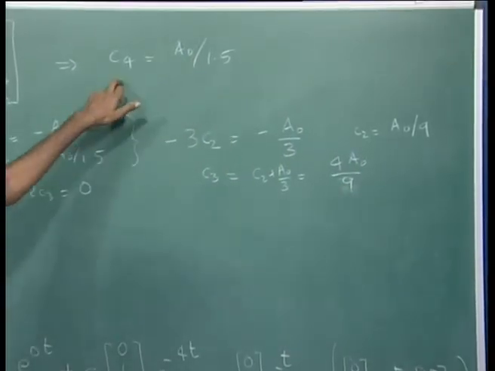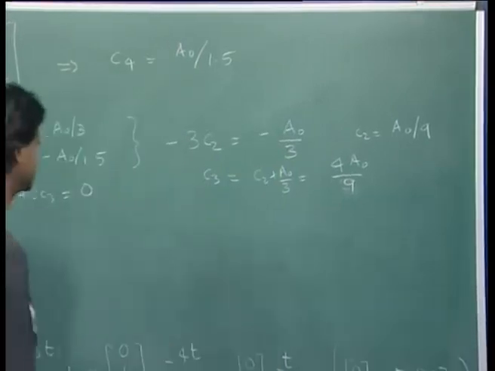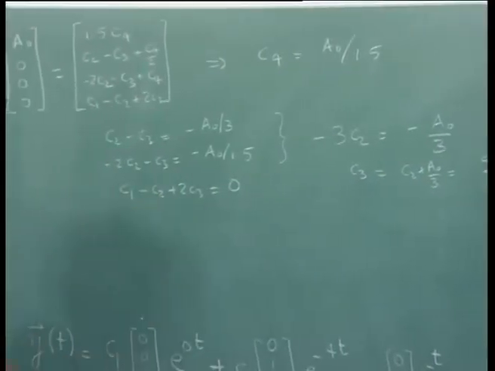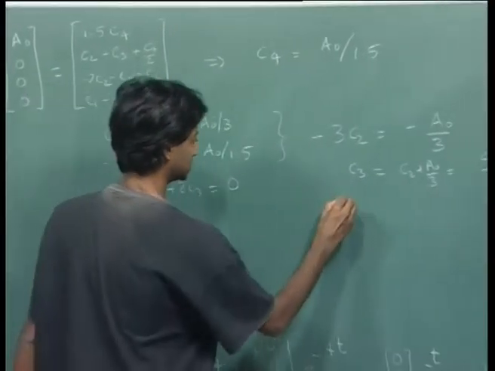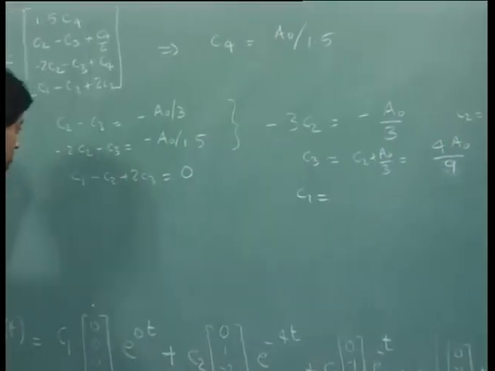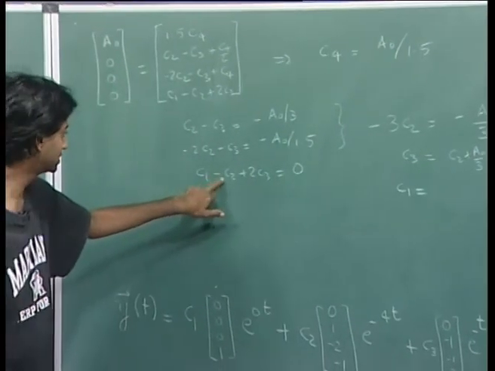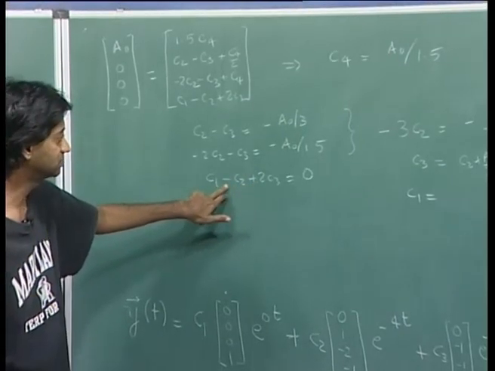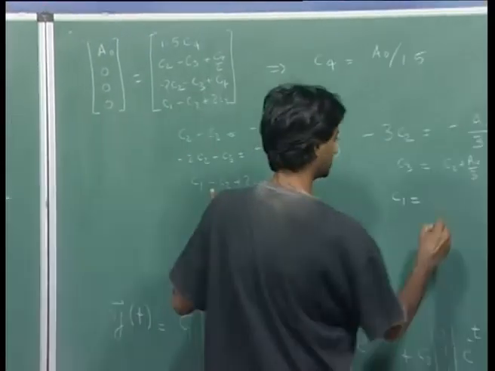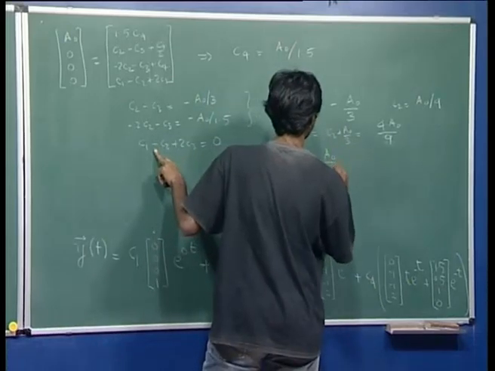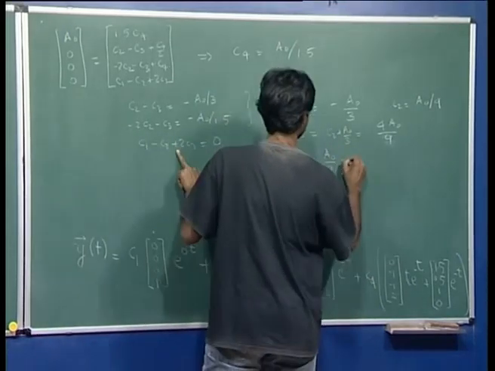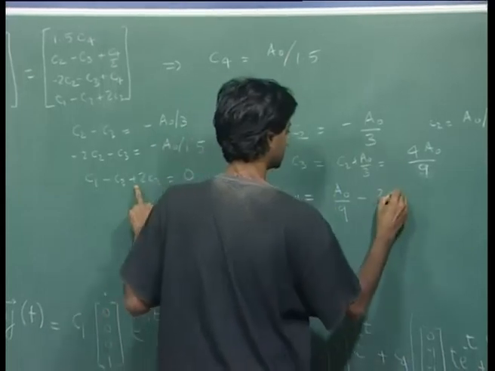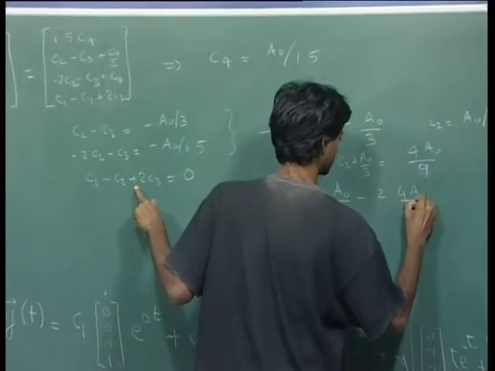So we have C4, we have C2, we have C3, and now we can substitute here and calculate C1. So C1 minus C2 plus 2 C3. So C1 is A0 by 9 minus 2 times 4 A0 by 9.